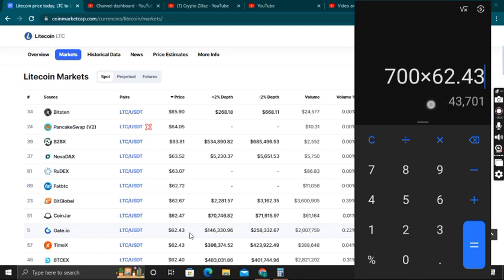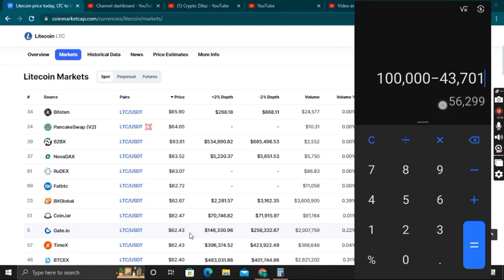So we'll be having 43,701. Let's see how many Litecoin we'll be buying with 100,000. Let's subtract this from 100,000, and we'll be having 56,299.